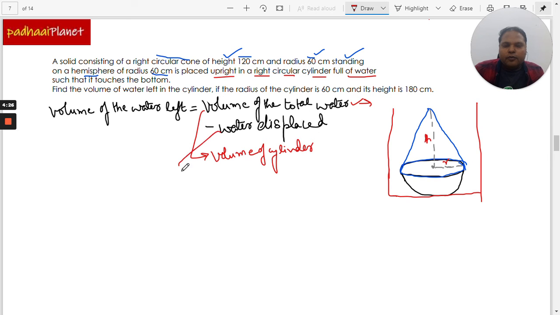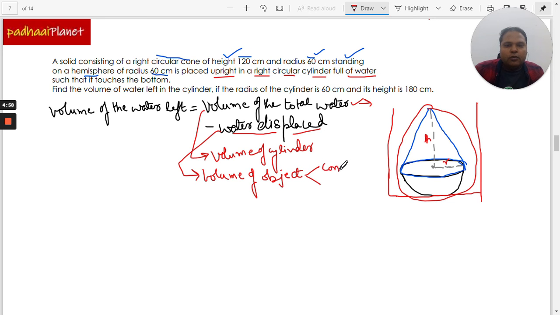And the volume of the water displaced will be equal to the volume of this object, because this is what we have studied in physics, that water displaced by any object is exactly equal to the volume of that same object. So the water displaced here is equal to the volume of the object which is immersed here, meaning the volume of the cone plus the volume of the hemisphere.